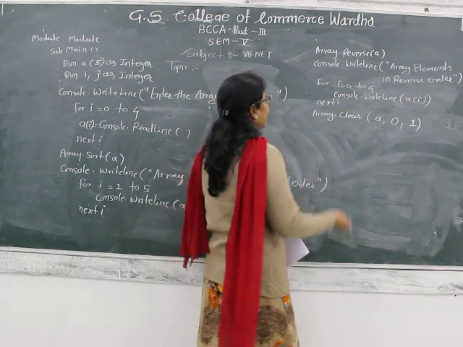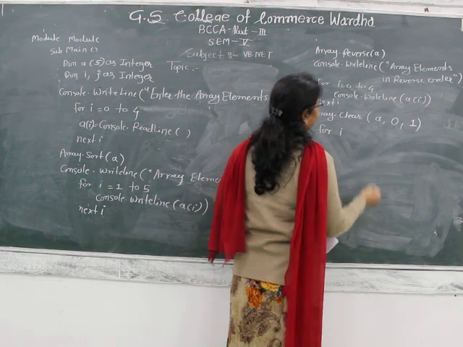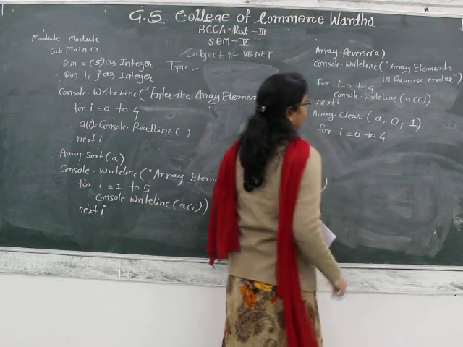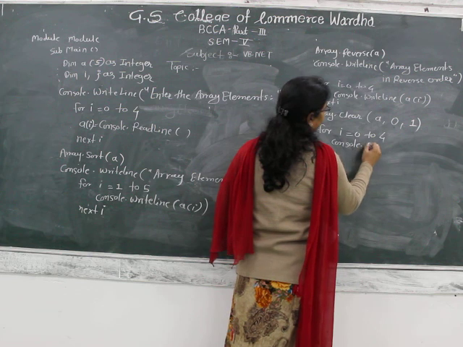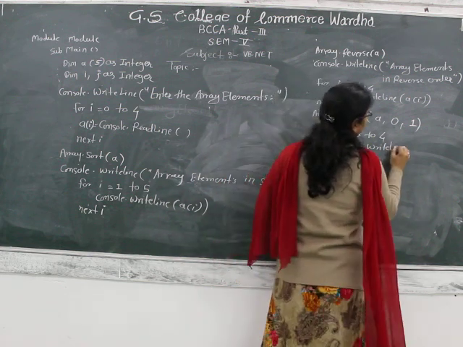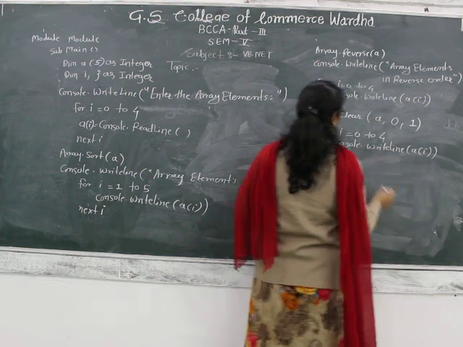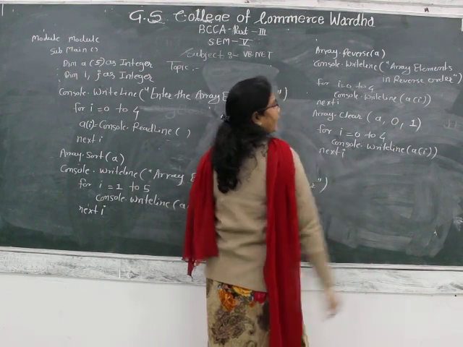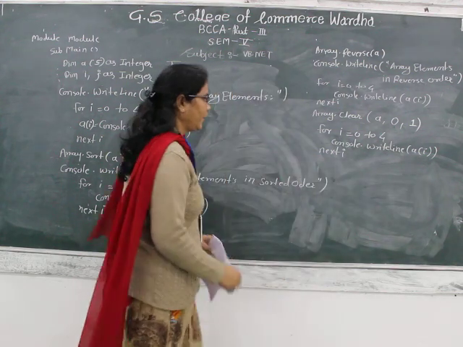Then again you want to display all the elements of the array, so create a for loop for displaying the array elements. Write the statement Console.WriteLine(A(I)) for printing all elements after clearing the array element at index 0 up to 1.